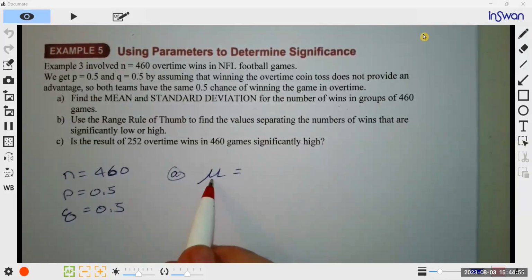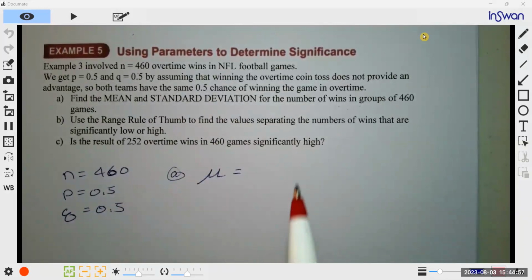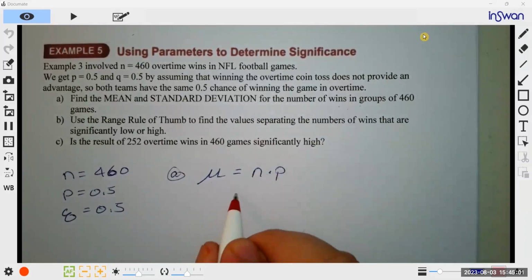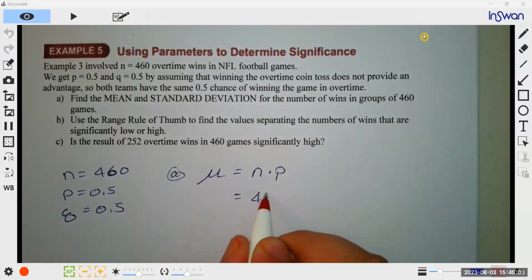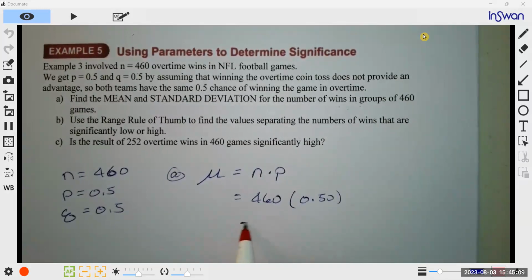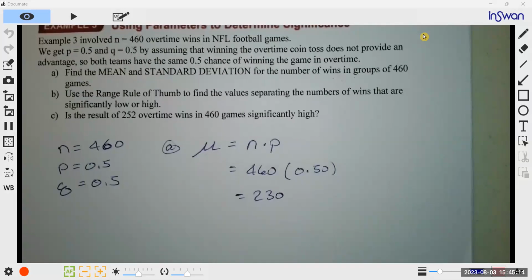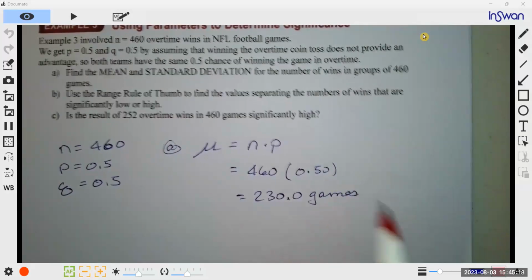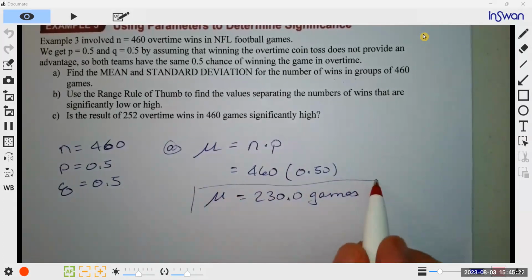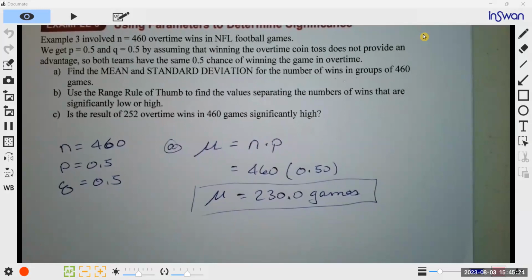Remember, we're dealing with populations, n times p. N is 460 times 0.5, which is 230.0 games. So the mean is 230 games.